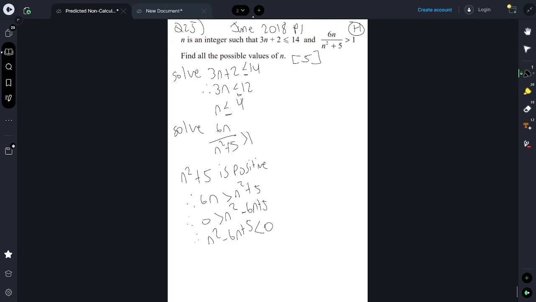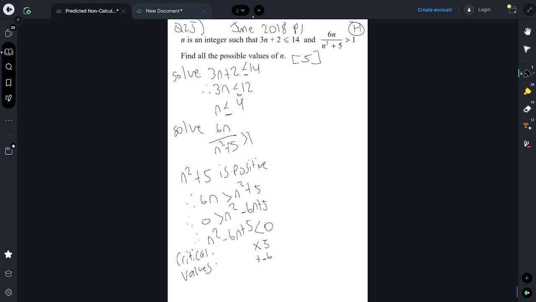So how do we solve quadratic inequalities? We need the critical values and we need to sketch. So what are the critical values? Well, we're going to need to factorize. Can we factorize? Yeah, because we need something that times to give 5 and adds to give minus 6.